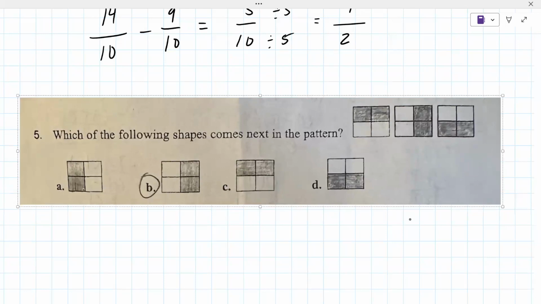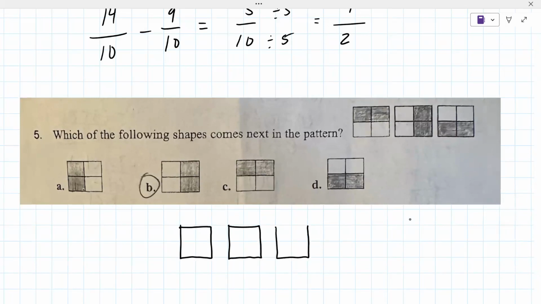Let me show you what the pattern would look like. B is not correct, but I want to show you why, and where B would be correct.